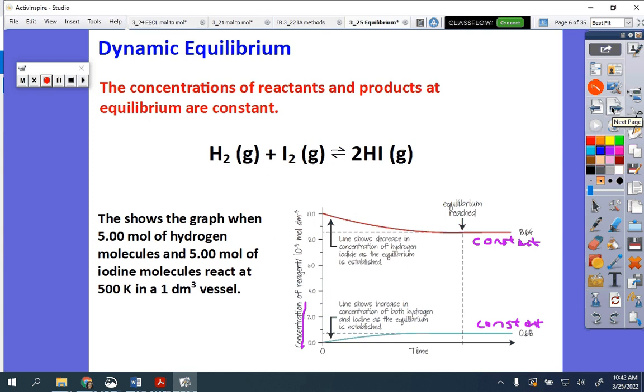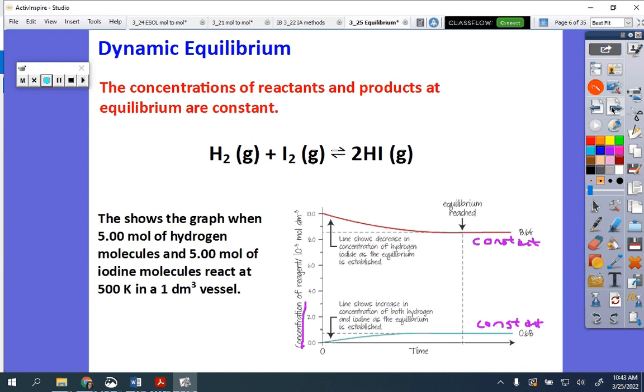This is that reaction we were just talking about, the hydrogen and the iodine combining to form HI. This is an example where we start with 5 moles of hydrogen and 5 moles of iodine, so our concentration of reactants would be 10 moles per liter, because this is a 1 liter vessel.